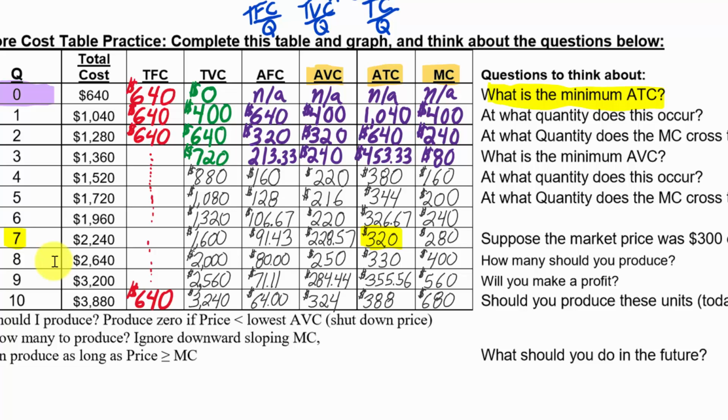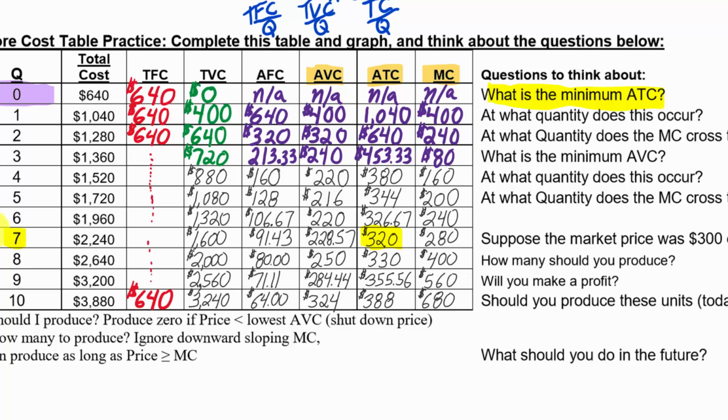Let me repeat that. Think about the price of the product as the revenue coming in. If the price of the product is $400, then for every unit we sell, we're bringing in $400. And it could cost us all kinds of different amounts depending on how many we make, right?